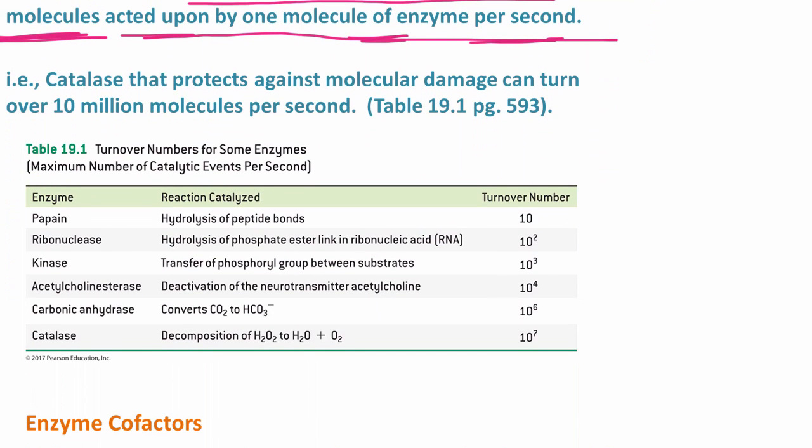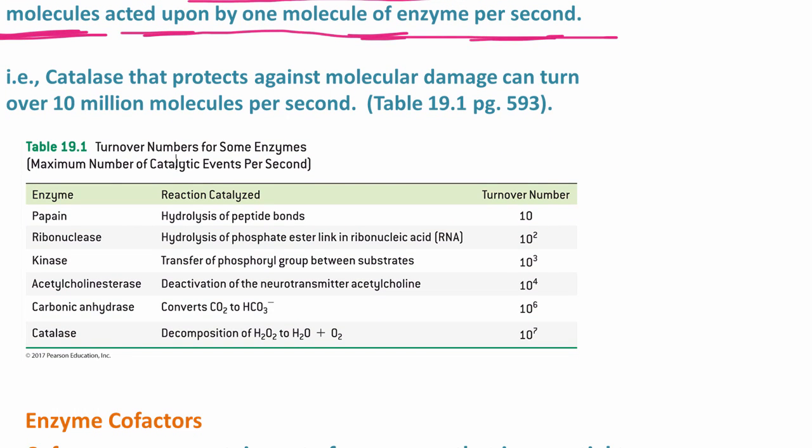So let's take a look at this table here. One example is catalase, and this protects against molecular damage that's caused by free radicals. And catalase can turn over more than 10 million molecules per second. Its turnover number is 10 million.